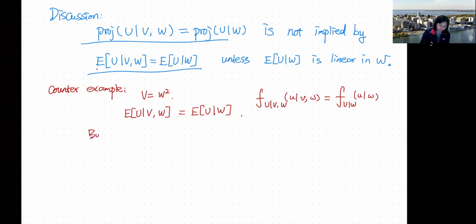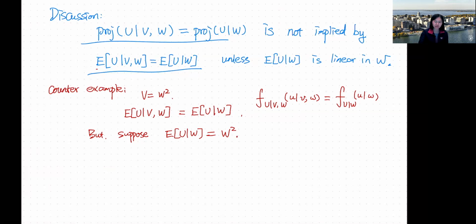But the projection, suppose E[U|W] is in fact W squared. That is possible. Say U and W are just related in this way.